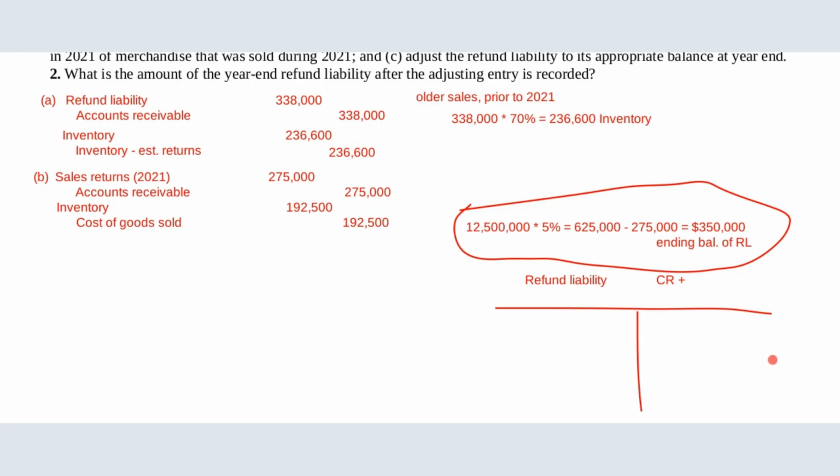So we started with a credit of 400,000 and then we reduced it by 338. So we still have an amount in this liability of, what's 400 minus 338, is 62.